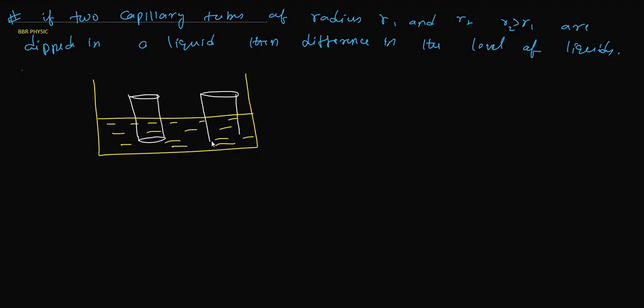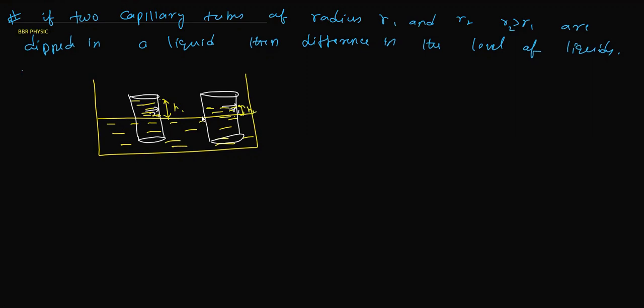This is another capillary tube whose bore is a little larger. This is R1, this is R2, you assume. In the first one, liquid is rising up to this level, let me take this as H1. In the second one, liquid is rising up to this level, H2. We need to find the difference between these two heights.